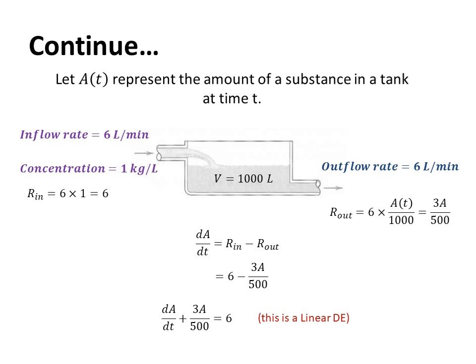Using the formula dA/dt equals R_in minus R_out, substitute the value of R_in as 6 and R_out as 3A over 500. Rearrange, and this will give us a linear differential equation.